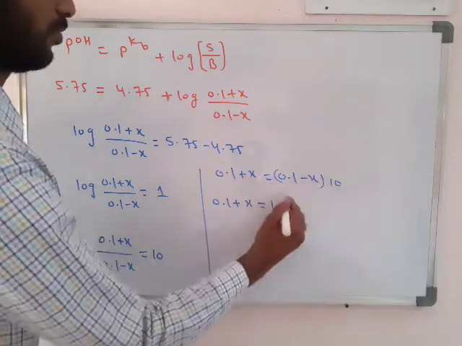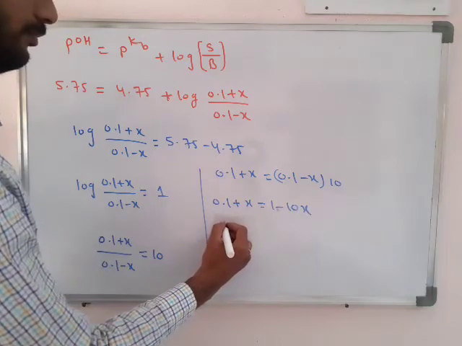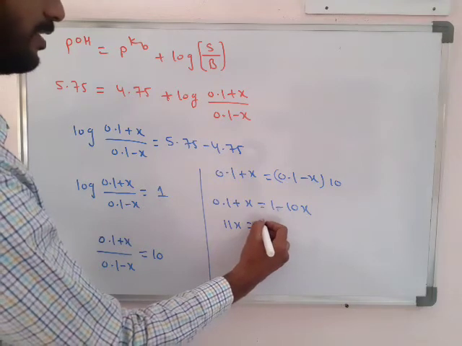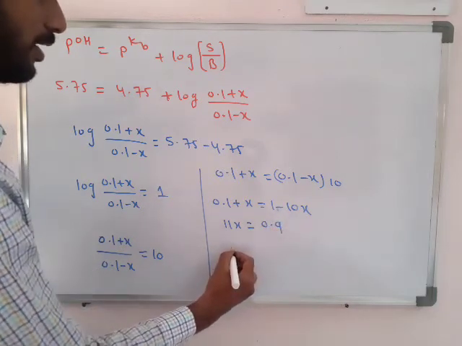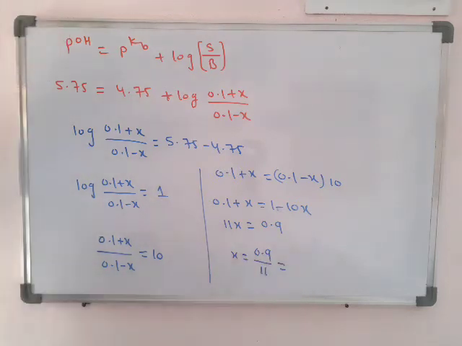So 1 minus 10x, the 10x comes here, becoming 11x, so 0.9 equals 11x.